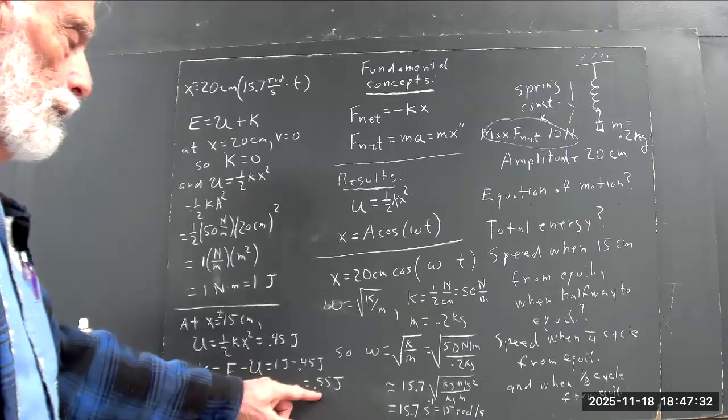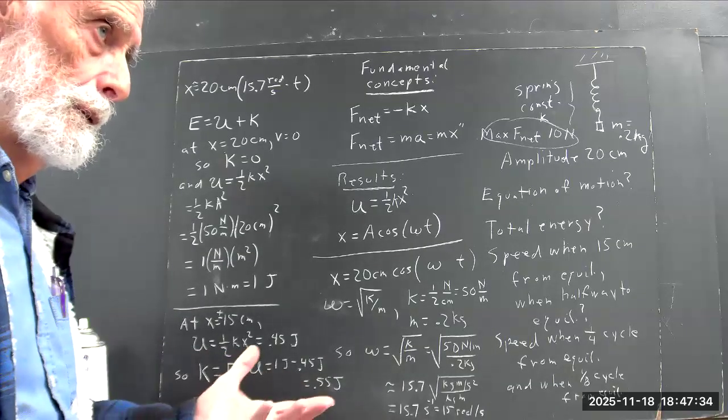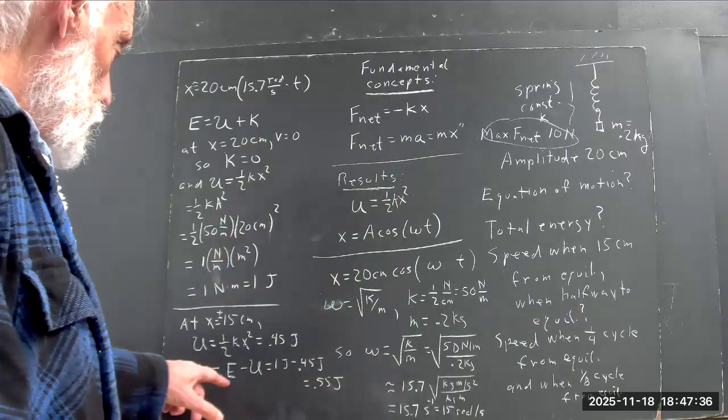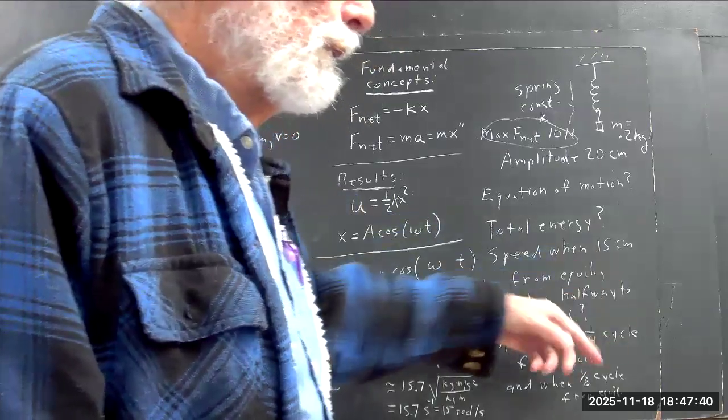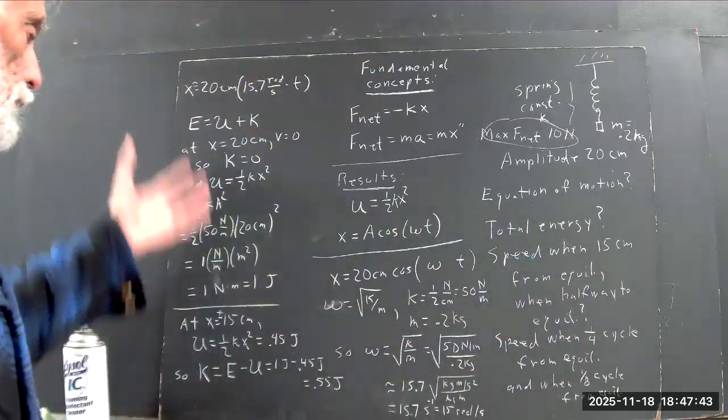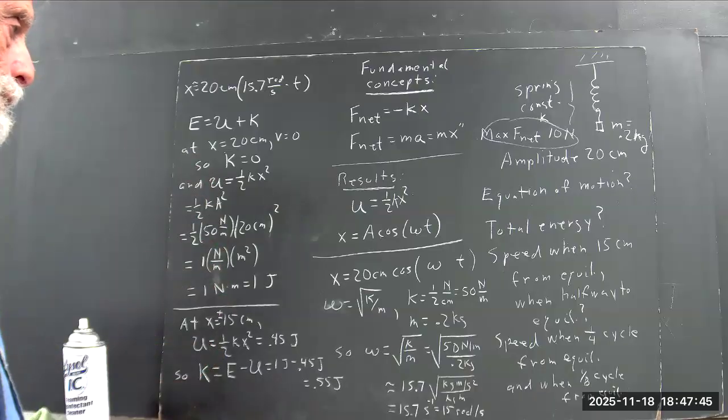Set that equal to 1/2 mv squared, and you have your speed at 15 centimeters, and you can do something similar to find the speed at any position. Okay.